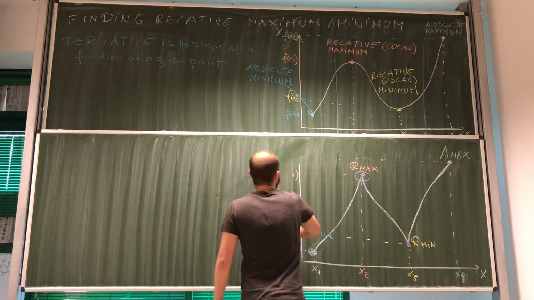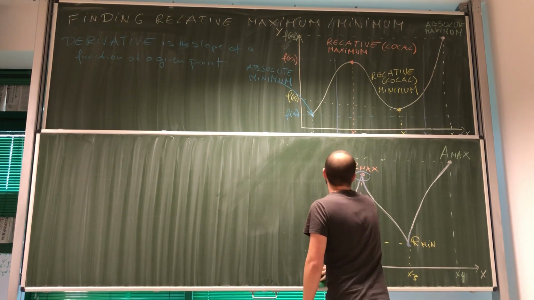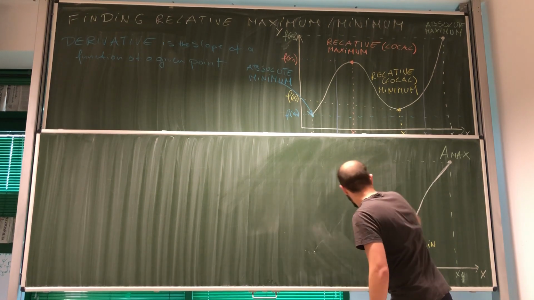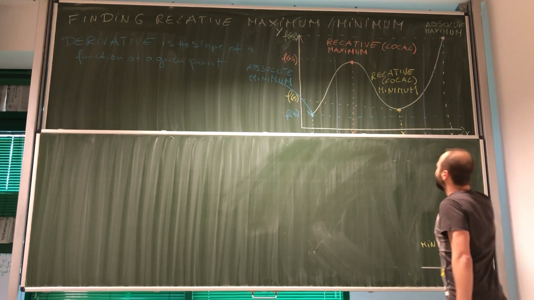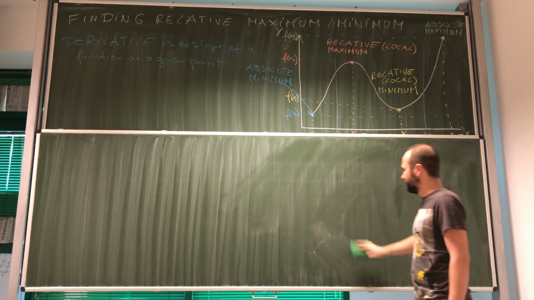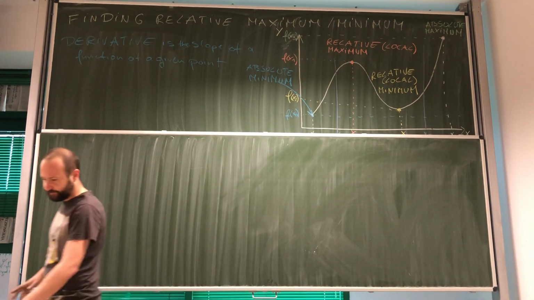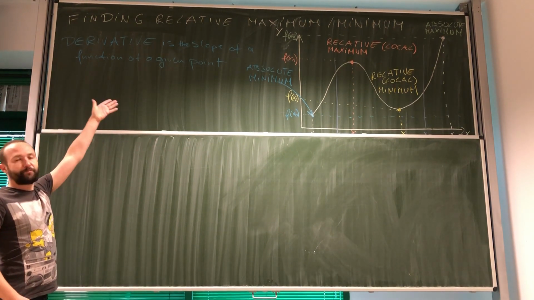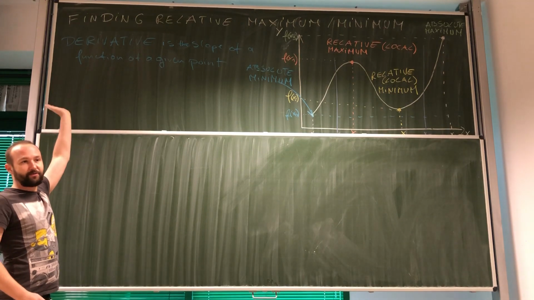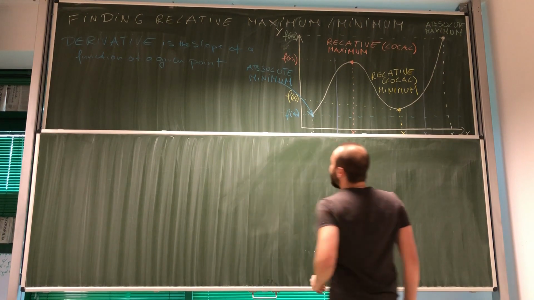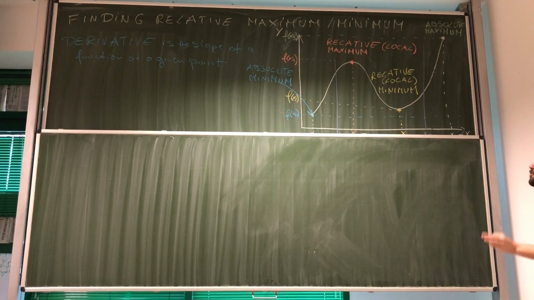Okay, so now, knowing what is relative maximum and relative minimum, how can we use our knowledge about the derivative to find them? Okay, look, I will be probably saying and repeating this over and over, that derivative is the slope of a function at a given point.